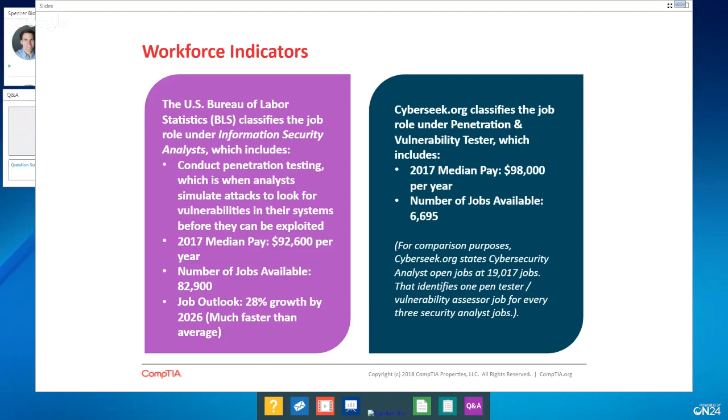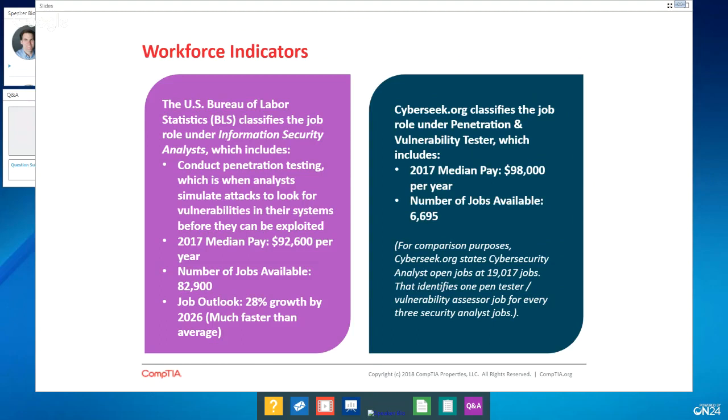So the offense is always changing. If the defense changes, offense changes. If offense changes, defense has to change. And so we can relate that to PenTest Plus being the offense and security analyst, or CySA Plus from CompTIA, being the defense. I'll try to explain that a little better in just a moment when we get to the cybersecurity career pathway.